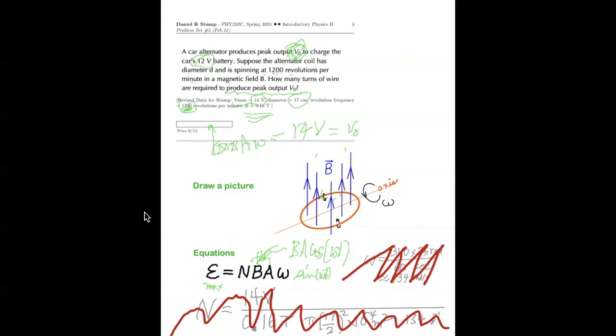We're not given omega in radians per second, but we're saying it spins around 1,340 revolutions per minute. So the first thing we should do is convert omega. 1,340 revolutions. Now, one revolution is 2 pi radians, divided by a minute. 1 minute is 60 seconds.